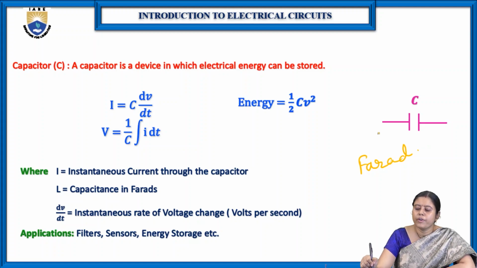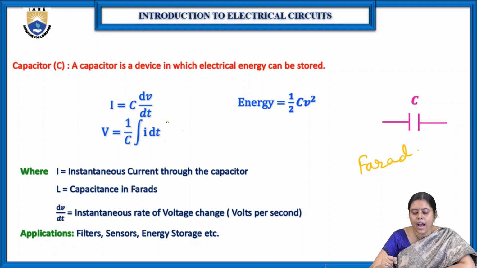Whenever there is a rate of change of current, the inductive property increases. But if there is a rate of change of voltage, what will happen? I is equal to C dV by dt, so voltage is equal to 1 by C integration of I dt.